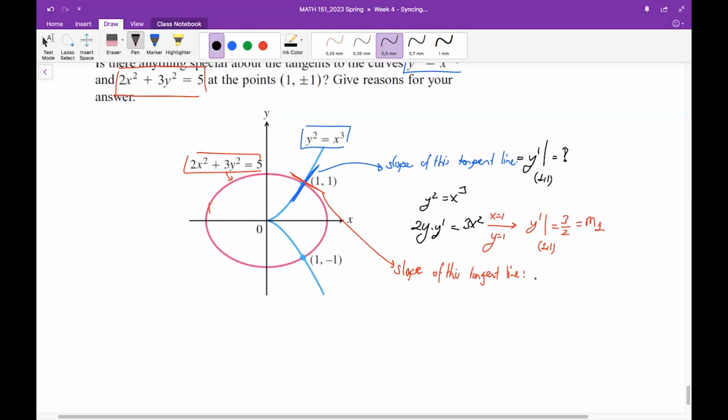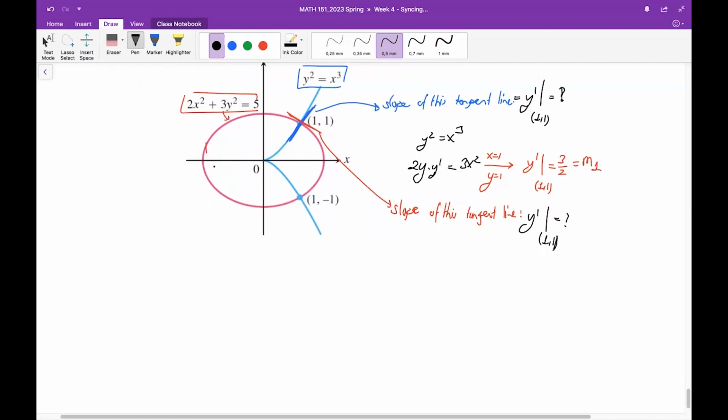What is it? Similarly, it will come from the first derivative of this equation evaluated at the indicated point. Just the equation is changing. The idea is the same. We will compute the first derivative of y to find the slope. Let's take the derivative of both sides again to obtain y prime.